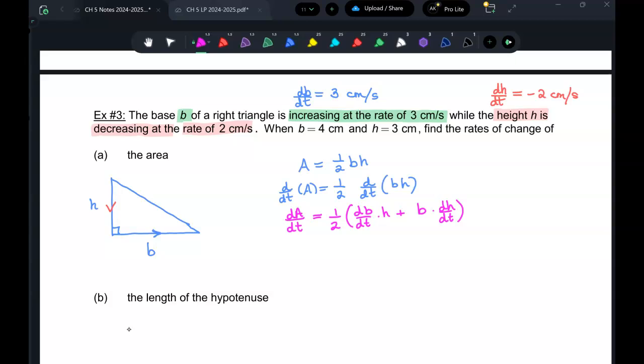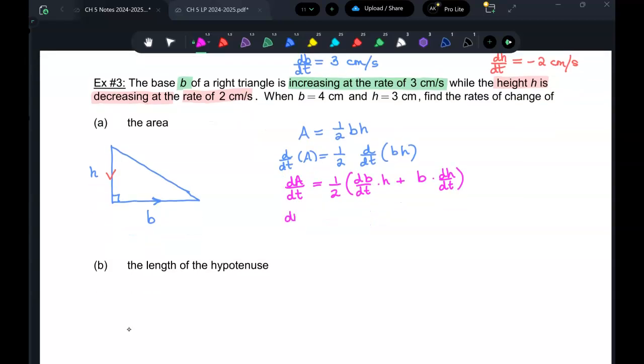Okay, now that we did all of that, we can start plugging everything in. So I want to find dA dt. What did we say dB dt was? 3, times height.